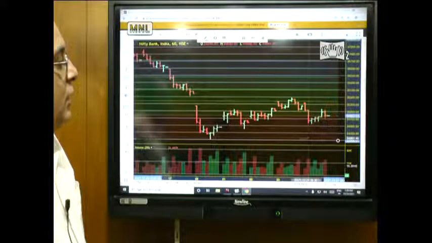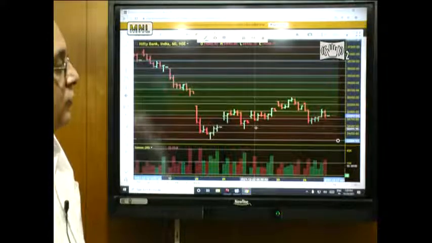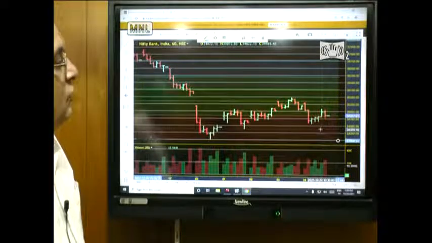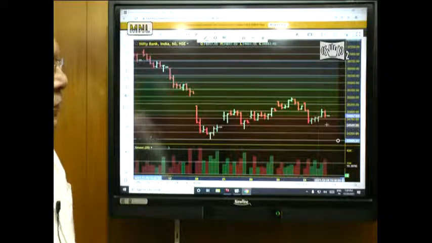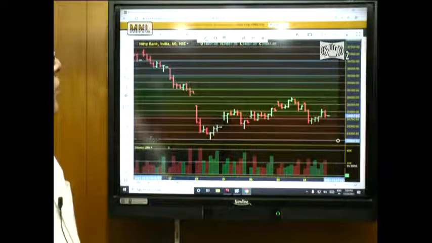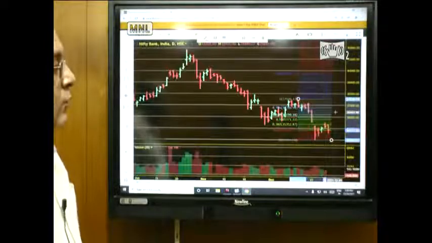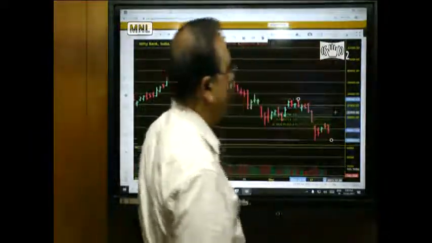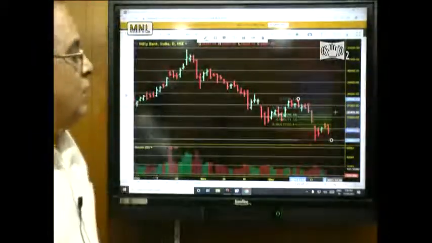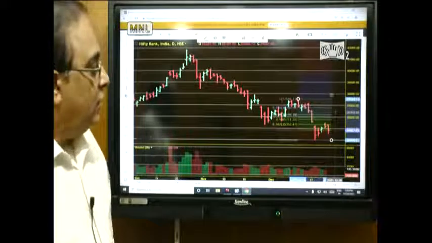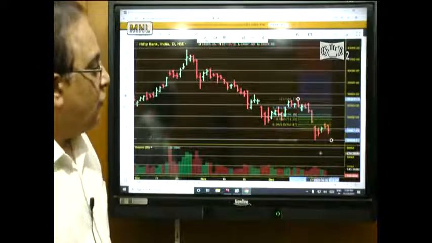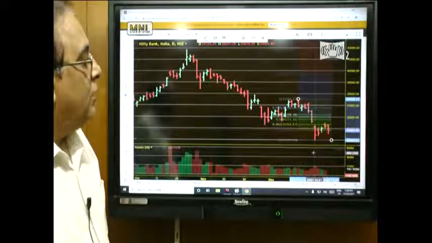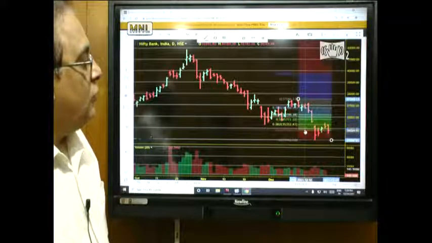There was not much support at 34,834, and eventually it broke, and then once it started to rally, it came back to 35,072. So 34,834 was not a very critical area. Though we have drawn the Fibonacci of 23.6%, this shows very clearly that this is not a very important area.